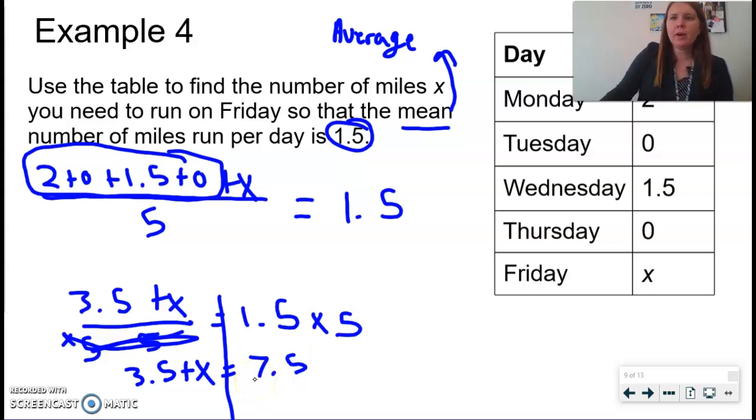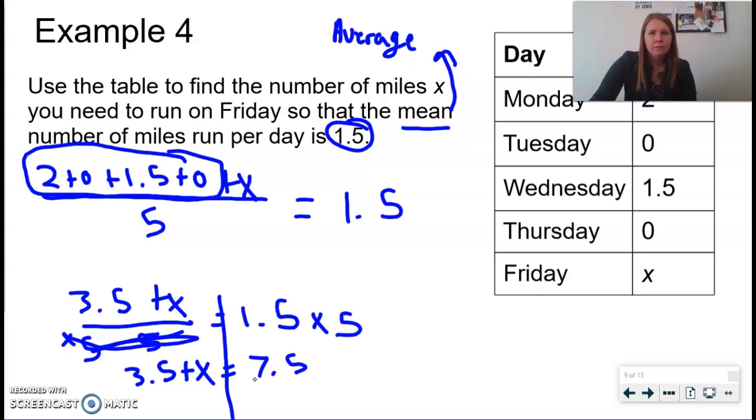Now, the tricky part is that I have a constant in front of the x. This constant, 3.5, is positive. I don't have an operation in front of it, but it is a positive 3.5. To undo it, or to move it over so that it cancels out, you have to think about its additive inverse, or the opposite of 3.5.